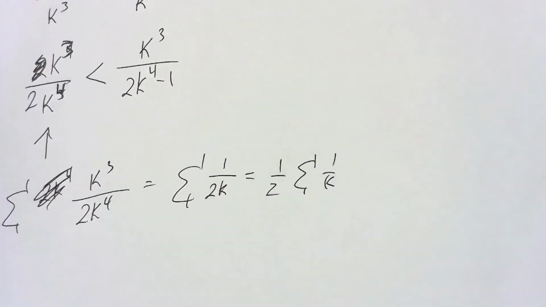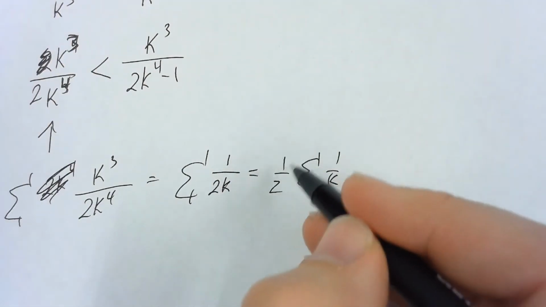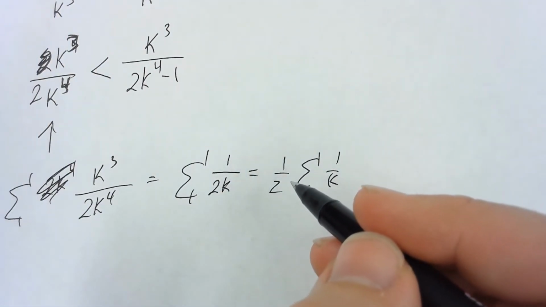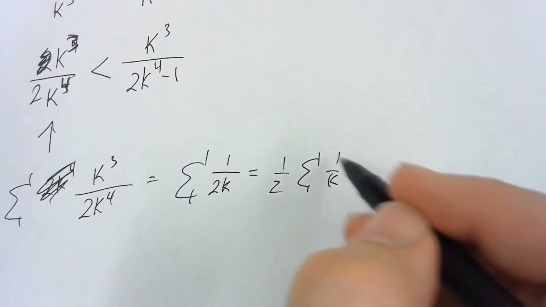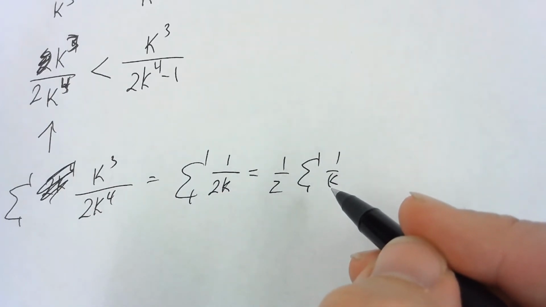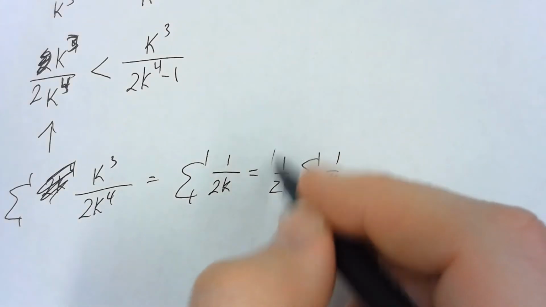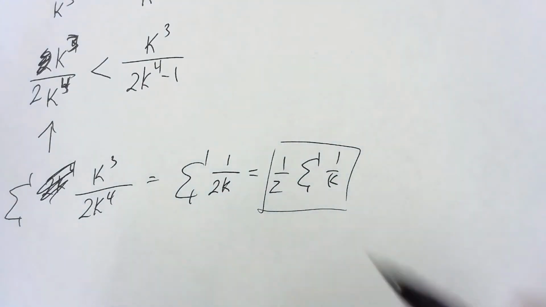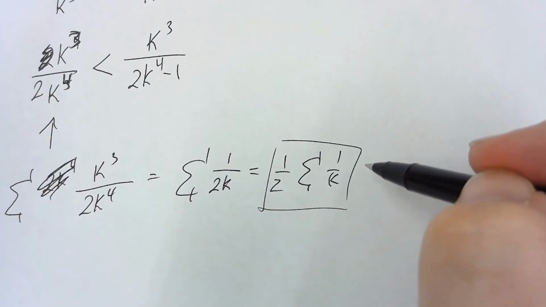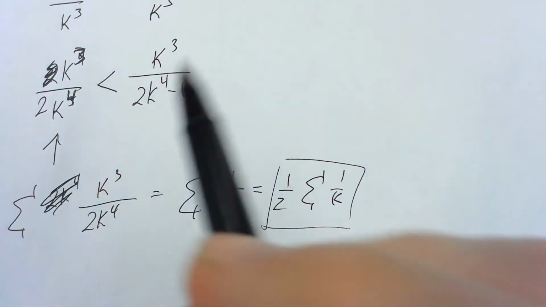Now I'm mathematically allowed to do this because I can factor a constant out of a series or a sum without any ramifications. It's when I start pulling the variables out of the sums that things get wonky and inappropriate. So, with this statement being identified and clear, this is the thing I'm trying to compare to.